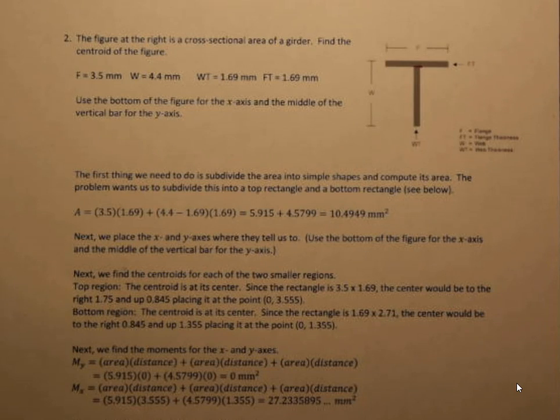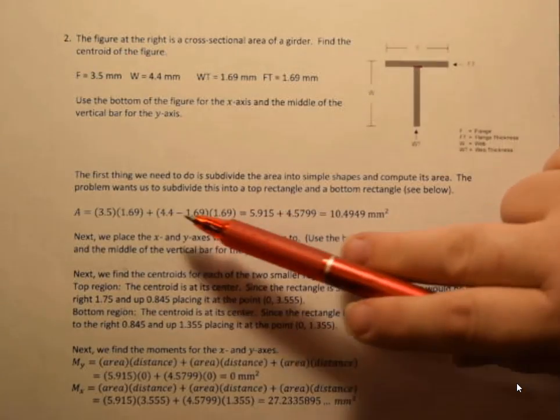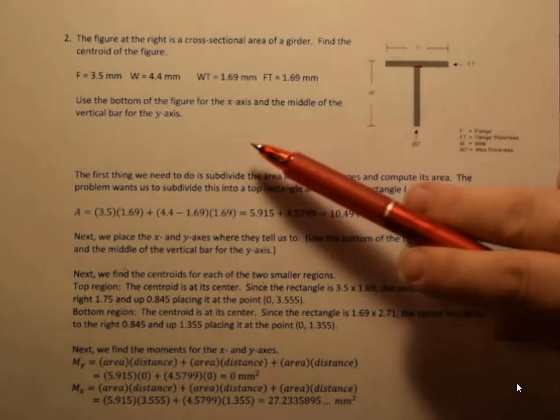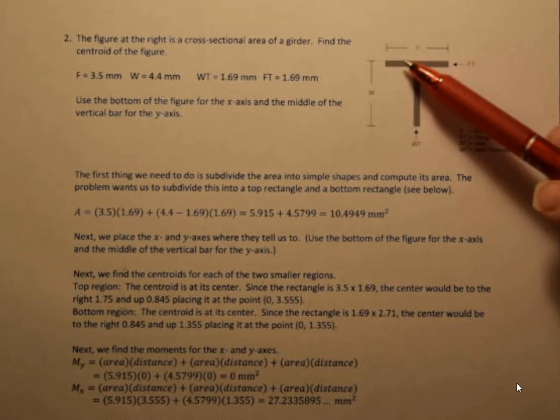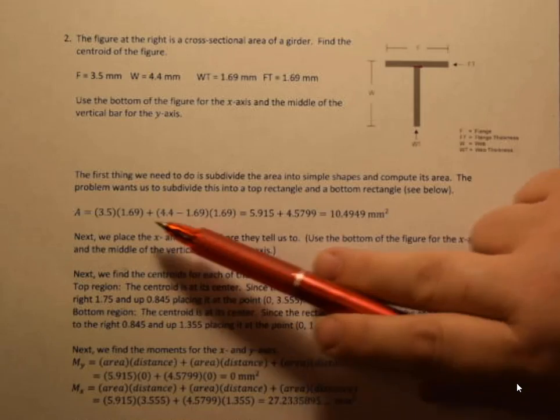Well, let's do that. So we need to find the area. F is 3.5, and FT is 1.69. So the top rectangle would be 3.5 times 1.69.